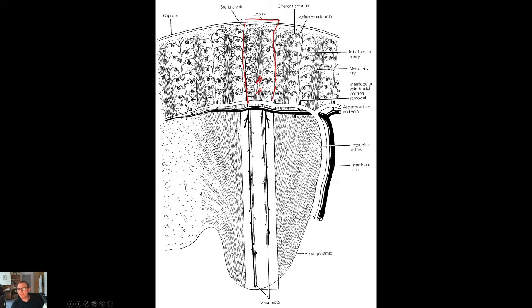These arteries are logically called interlobular arteries. So interlobular arteries are between lobules. There are also interlobar arteries and veins, which are situated between pyramids in the tissue of renal columns.